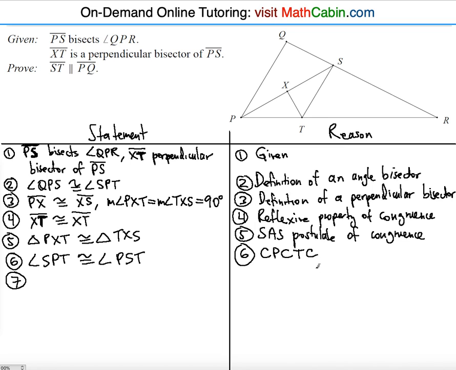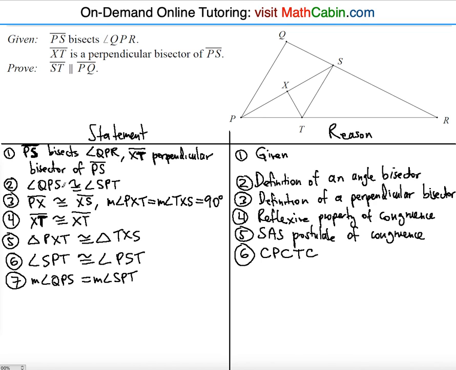So now the next step is to notice that the measure of angle QPS is equal to the measure of angle SPT. So let's find that graphically. QPS is equal to the measure of SPT. Right? And how do we know that? We knew that because before we said that QPS was congruent to SPT.